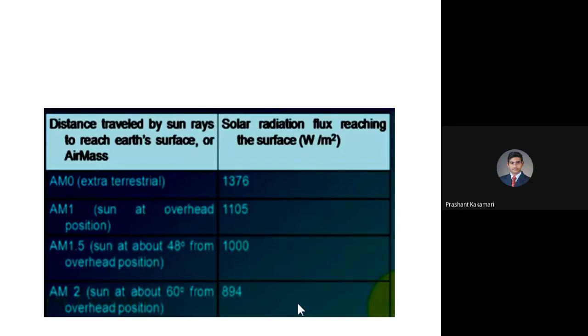And in the evening or morning, air mass is around 2, and at 60 degrees the solar rays hit the horizontal surface. The solar flux on that area is still reducing, to 894. Like this, solar radiation goes on reducing depending upon the atmosphere or the air mass.